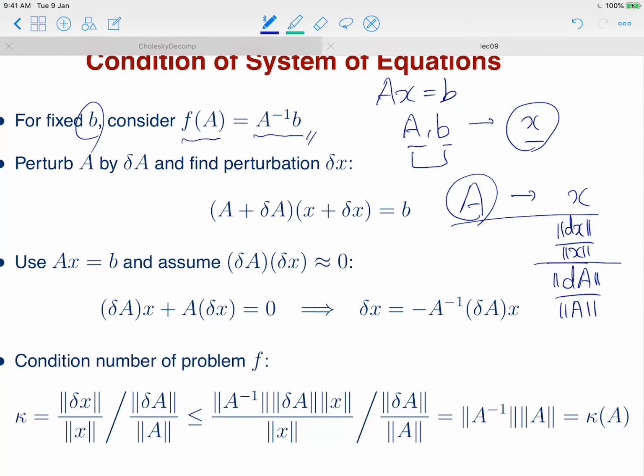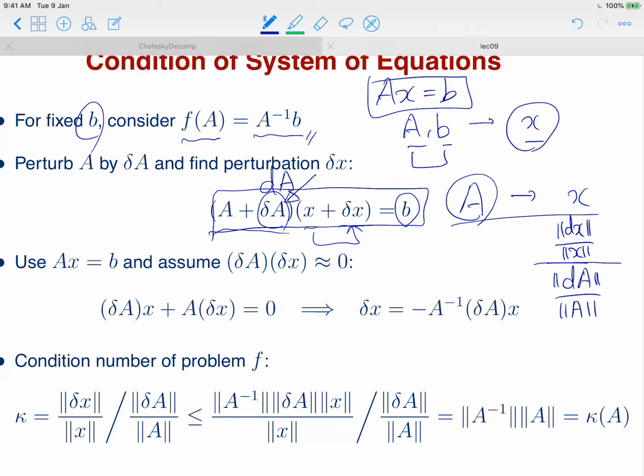In this case, this is a dA that I wrote, and given this equation, we still view b as a constant, and A plus delta A. Also let's think of x and its perturbation, or the difference, as a result of the perturbation of A, because A is considered as input and x is output, and so we have to satisfy this kind of equation. Again, b is still considered as a constant, right?